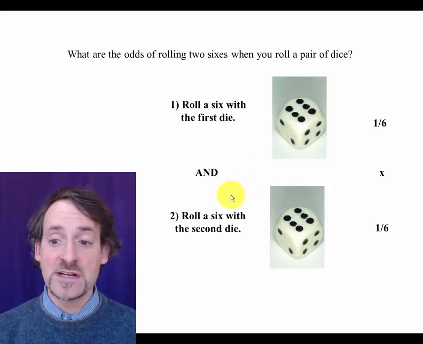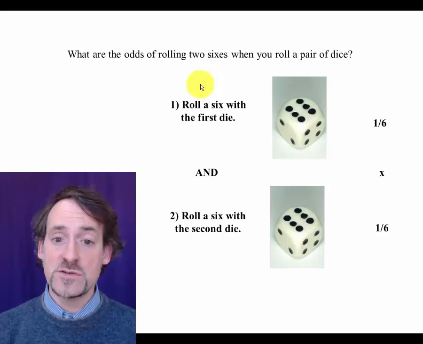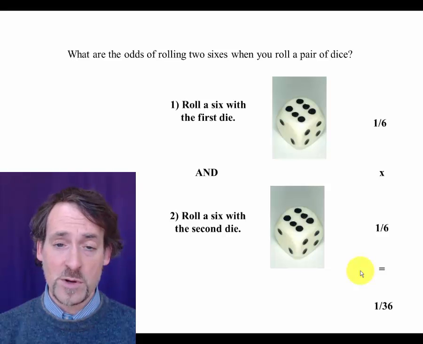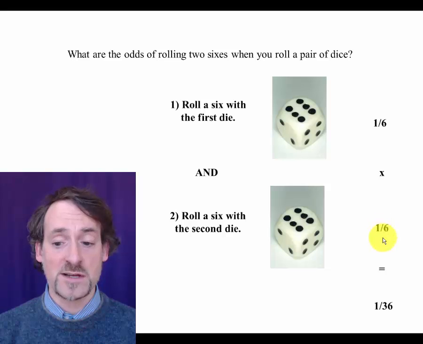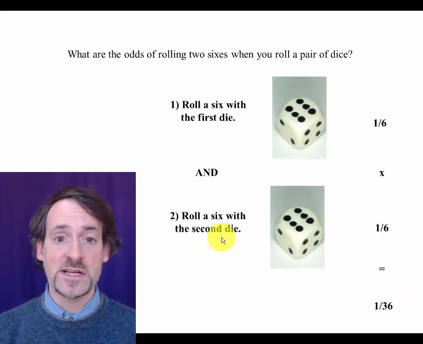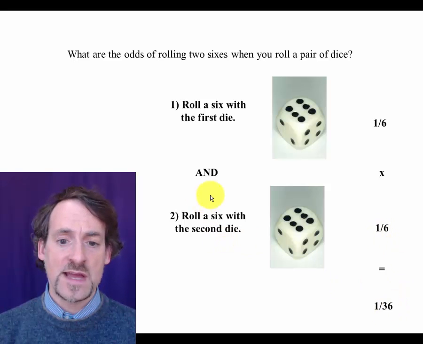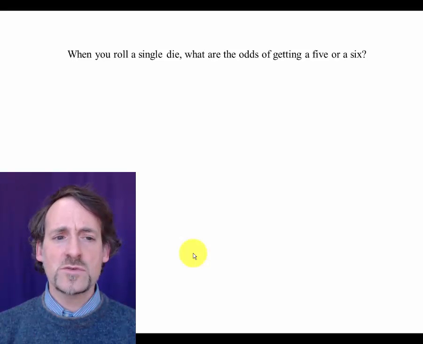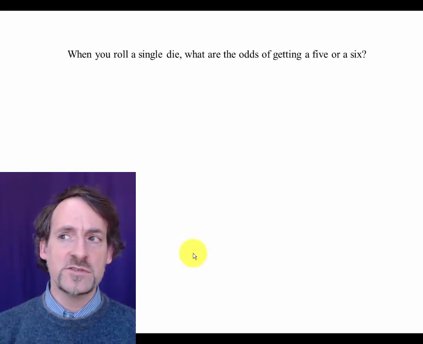Because you've got an "and" here, we multiply. So the odds of getting two 6s is 1/6 times 1/6 equals 1/36. Both events have to happen, so you multiply the odds of the first one times the odds of the second one, and there you get your answer. "And" means multiply.